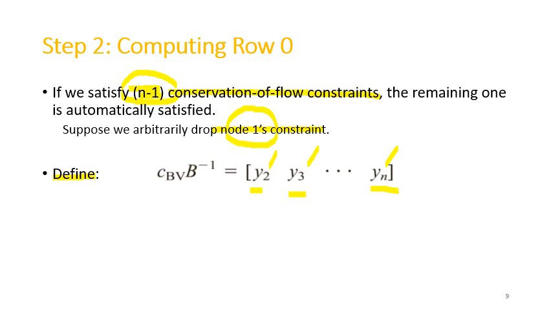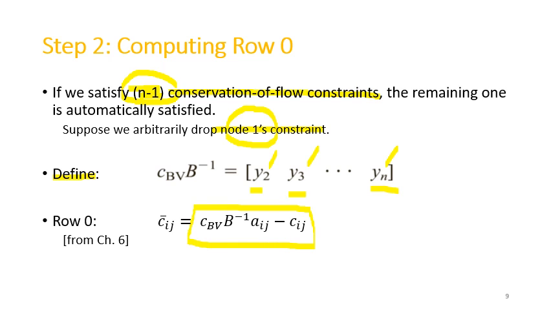We define that we have CBV B inverse and these are the contents. Okay, and then how can we use this CBV B inverse? Recall again from chapter 6 in Wayne Winston's textbook, when you want to compute the coefficient of a variable in row 0, you use this formula.